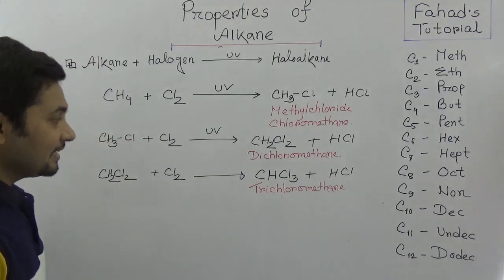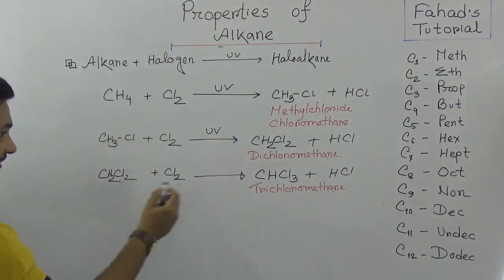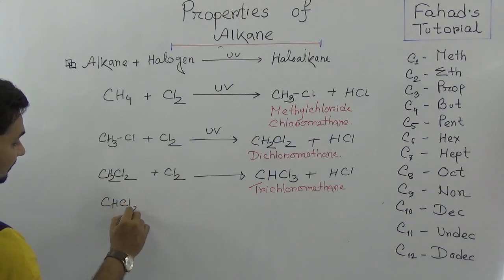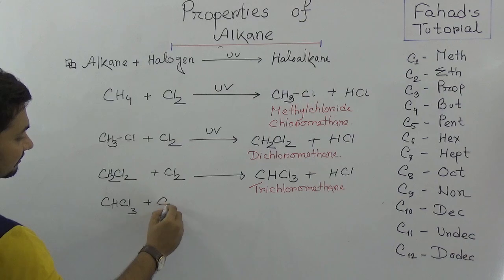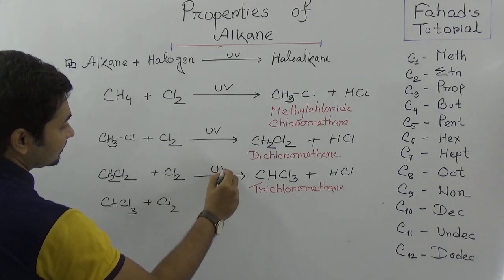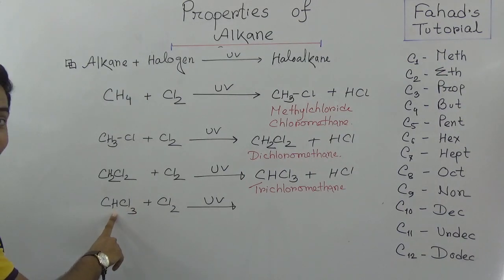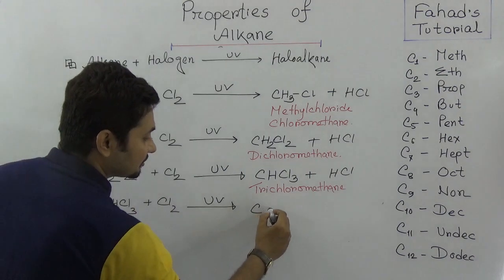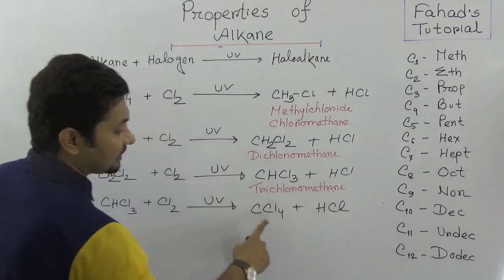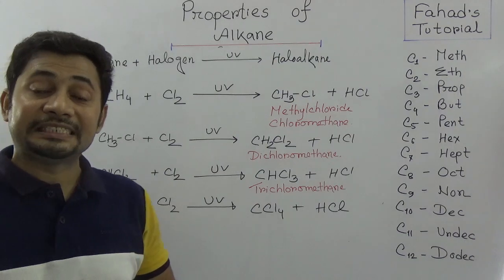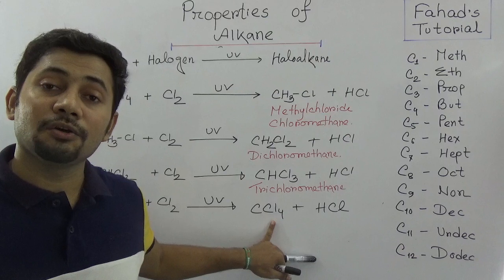And lastly, the single hydrogen that is there will also be substituted by the last chlorine. CHCl3 reacts with another chlorine in the presence of ultraviolet. The last hydrogen will be substituted and it will produce CCl4 and HCl, and that is called carbon tetrachloride, or you can say tetrachloromethane.